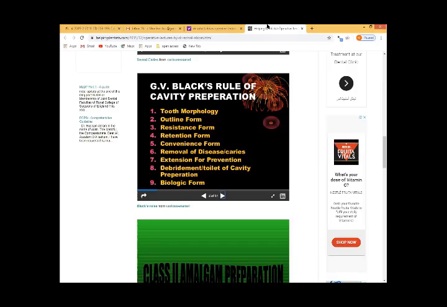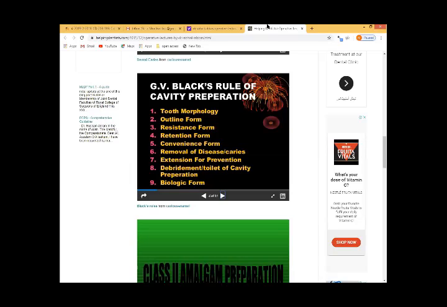The angle formed by the axial wall of the class 2 cavity and the floor of the class 1 cavity must be beveled, because this is the area where the marginal ridge was present and the maximum forces are applied on that particular area.